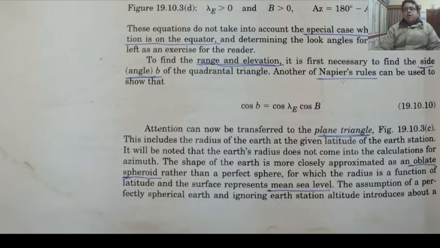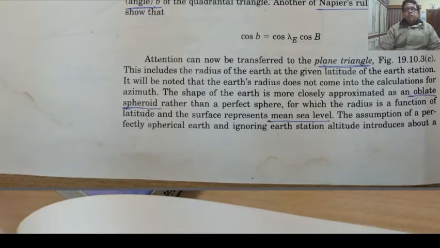Another of Napier's rules can be used to show cos b equals cos lambda E cos B. These are the properties of spherical triangles and Napier's rules. You can easily understand. If you do not understand these in trigonometry, just take a book of spherical trigonometry and understand from there.